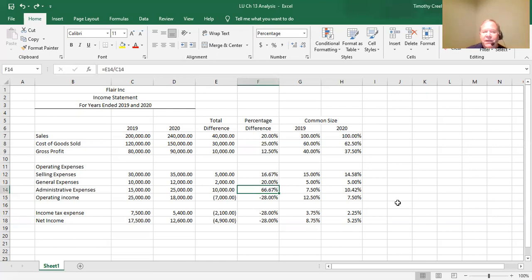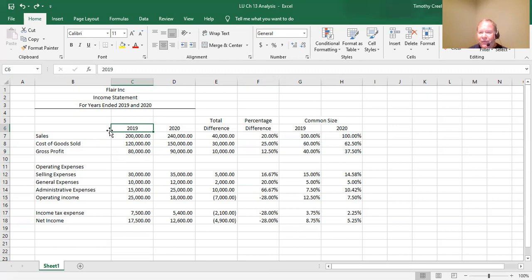Now, like I said, this is a very basic example. But if we were looking at this from a company standpoint, we might have 5 years out here: 2016, 17, 18, 19, and 20. And we'd look at what the changes are over those 5 years, and we'd look for positive trends and negative trends in the data.